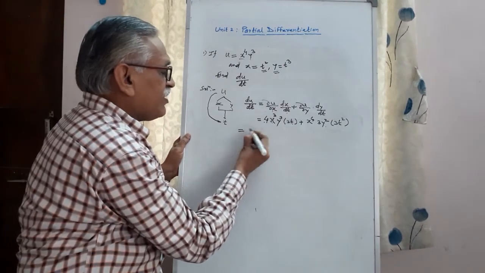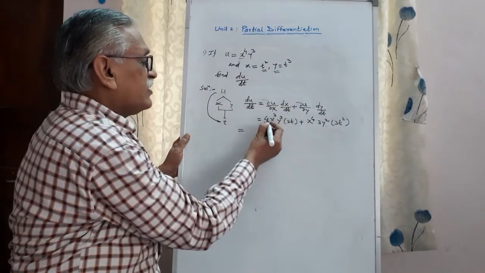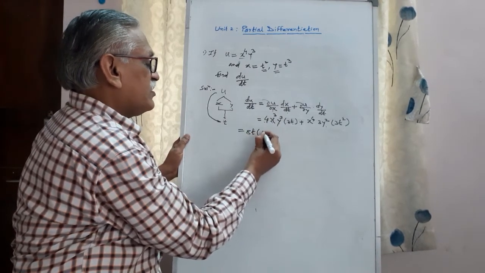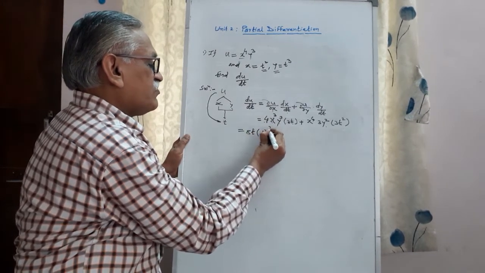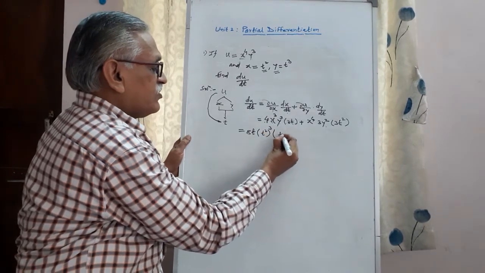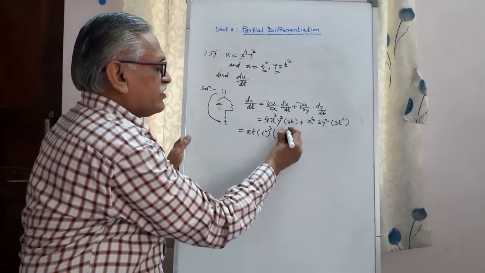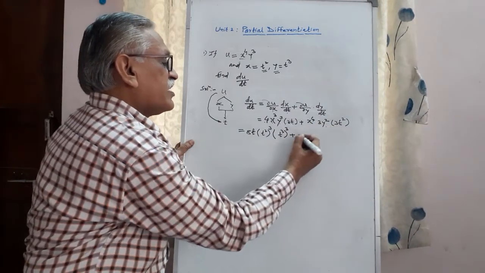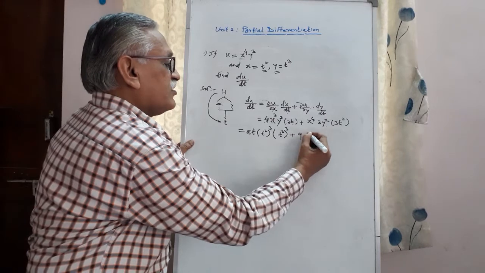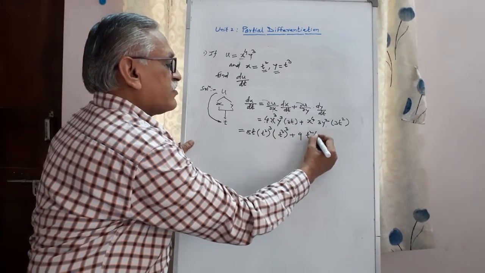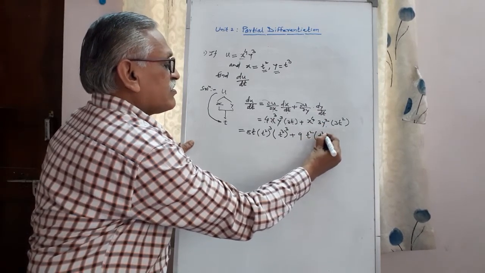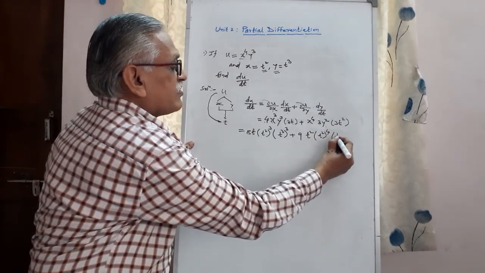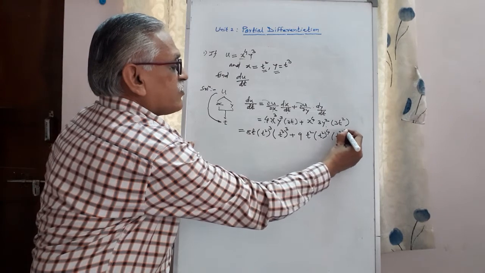Then substituting the values of x and y in terms of t, it is 4 into 2t, x cube is t square and its cube, y cube is t cube and its cube, plus 3 into t square, x to the 4 is t square raised to 4, and y square is t cube and its square.